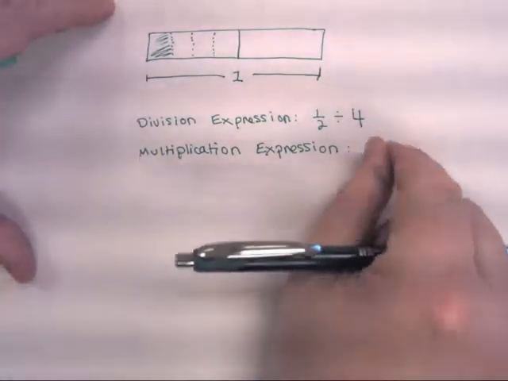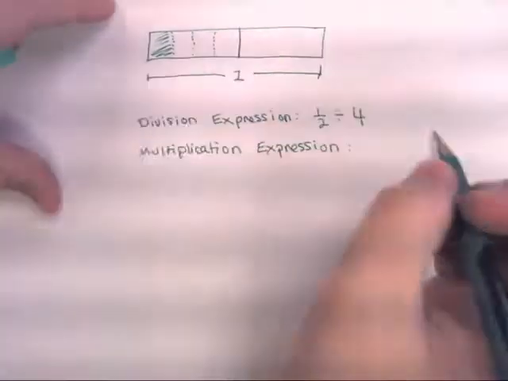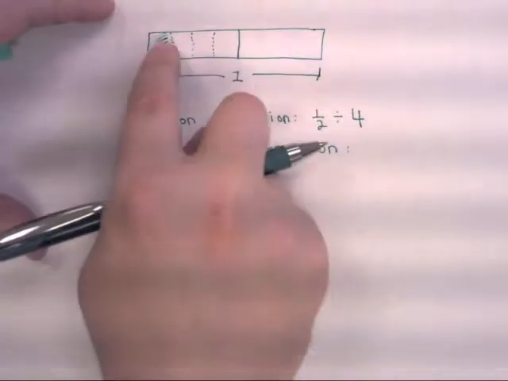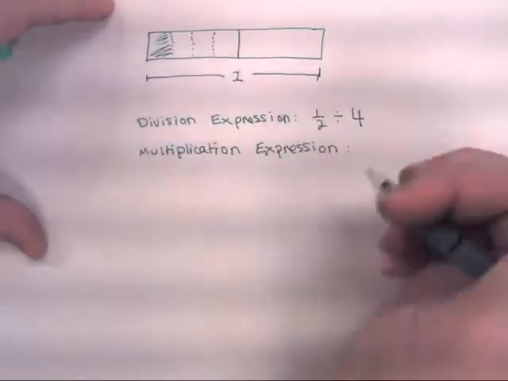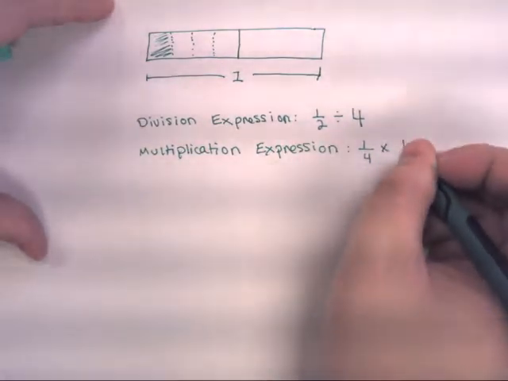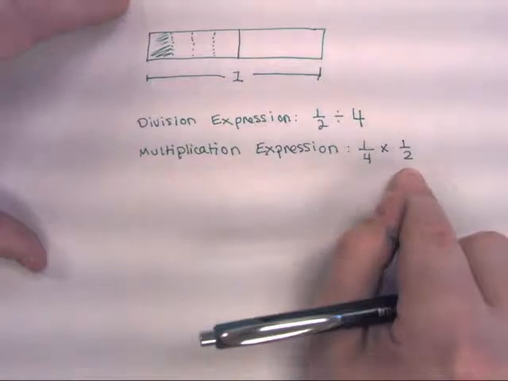So same product, same quotient. So the multiplication expression, again, if we think of this as 1/2, we've found 1/4 of that 1/2, which we can represent as 1/4 multiplied by 1/2.